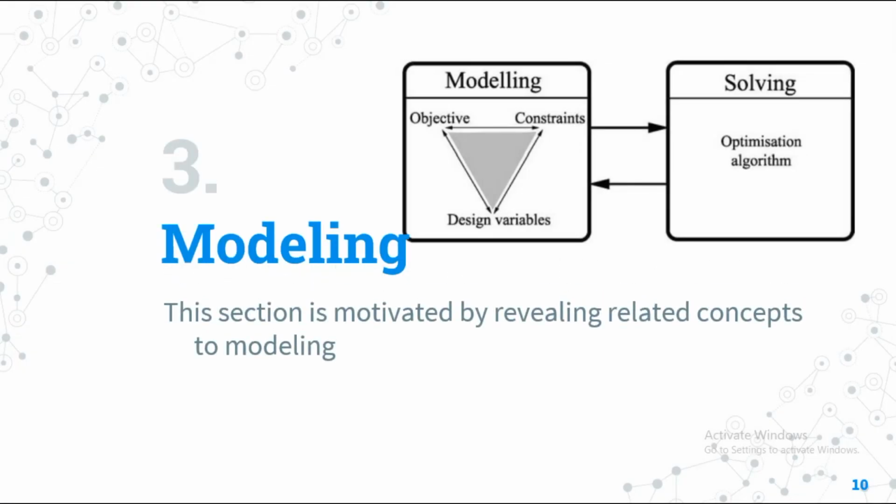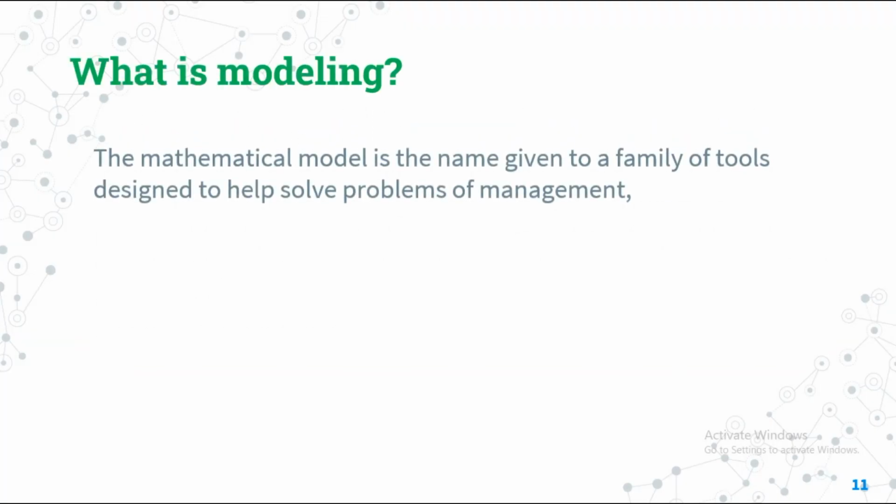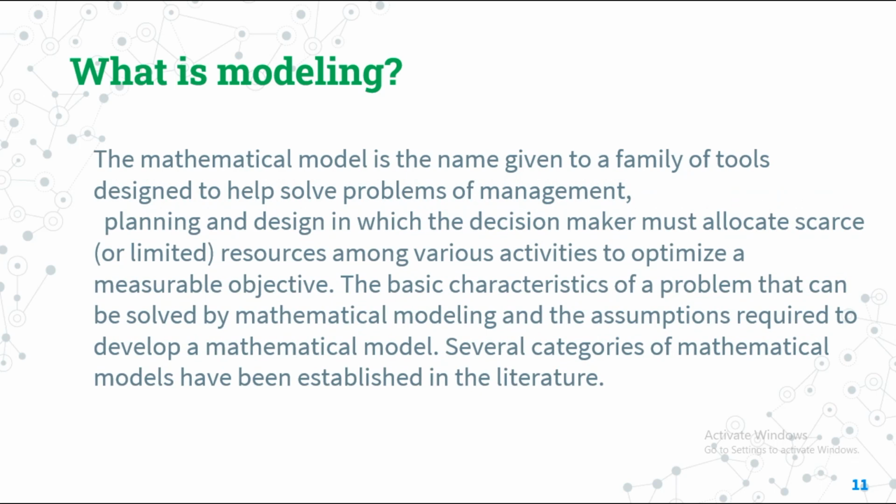Now, let's move to modeling. This section is motivated by revealing, as the last one, the most important concepts related to modeling. Let's start by asking or answering the following question: what is modeling?